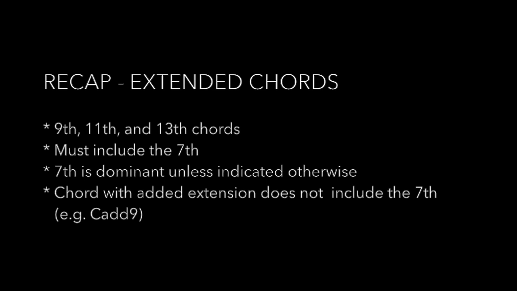So just to recap, extended chords are 9th chords, 11th chords, and 13th chords. They have to include the dominant 7th, which is always dominant unless otherwise noted. The difference between an extended chord and an added extension is that there's no 7 in the added extension chord.